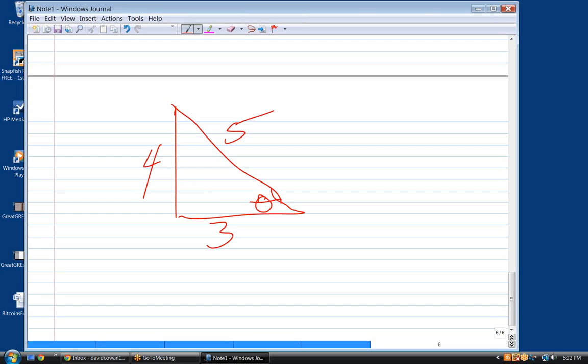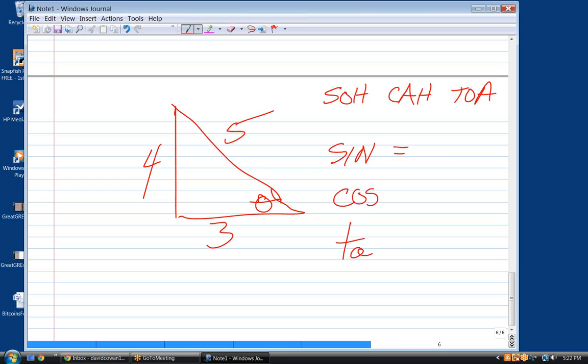It's 4 over 5. Oh yeah, well, opposite, yeah. Opposite. So SOH CAH TOA. Remember that. That'll tell you the 3 primary trig functions. What's the reciprocal function to sine? Inverse sine. Okay, here, let me show you a way to memorize it.